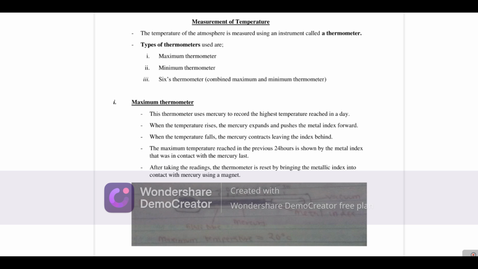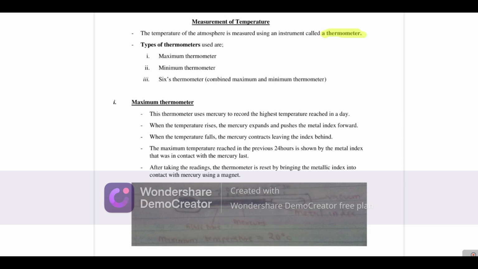The temperature of the atmosphere is measured using an instrument called a thermometer, which is something worth noting.